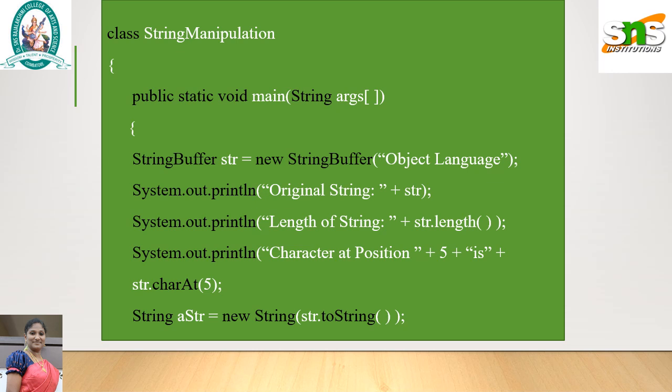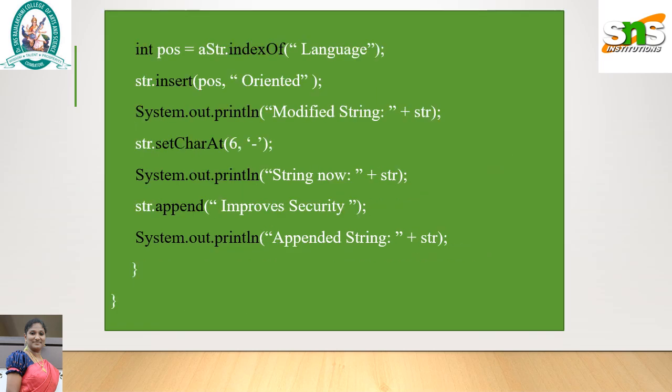After that, I retrieve the character at the specified position 5, and add some characters. See, indexOf language and insert the word oriented at that specified position, and the modified string will be displayed using the hyphen, and also setCharAt. It replaces the spaces with the hyphen.